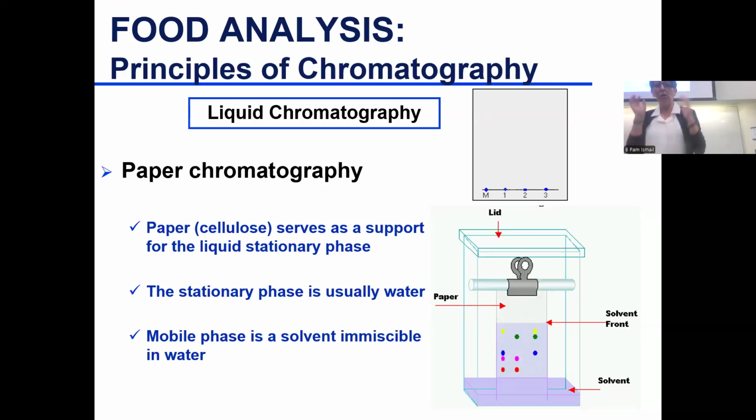Okay, so liquid chromatography can be planar or in a column, but columns are more common, and I'll talk about column liquid chromatography in a little bit. But paper chromatography is the type of chromatography that is used for screening. It's not very much applied.